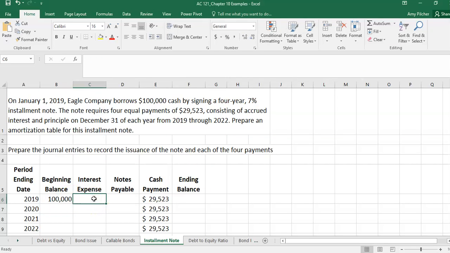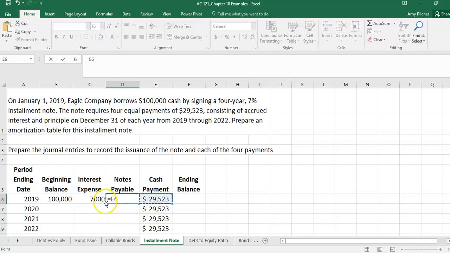Our first year interest expense is 7%. So $100,000 times 7%. Then the rest of that cash payment is paying down the principal of our note.